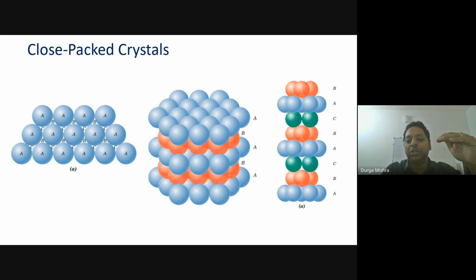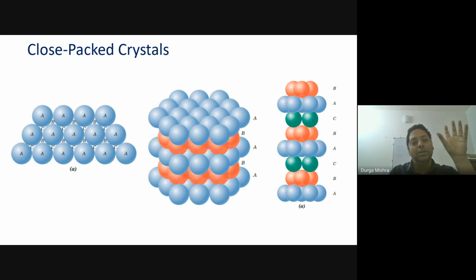But if I put atoms on A, then the next set of atoms on B, then the next set on C, and then repeat this sequence, I will create a close packing which is normally called FCC close packing, a face centered close packing.